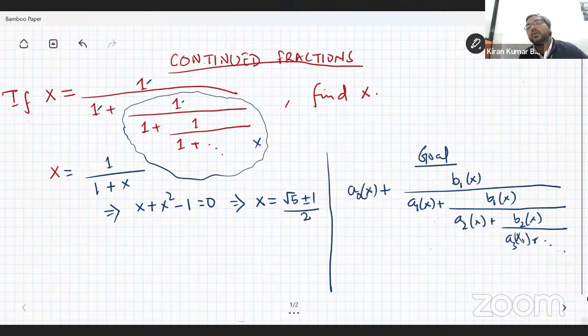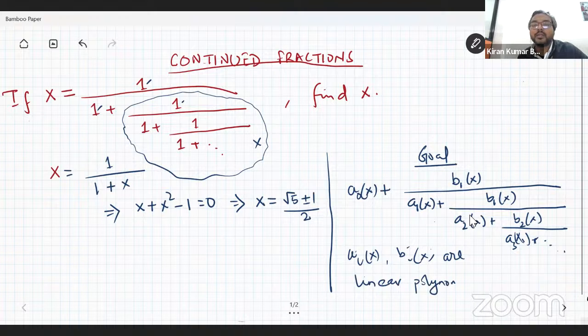So x can be a real number, a natural number. What do we understand by this fraction being continued? That is why we call it continued fractions. For all practical reasons, a_i(x) and b_i(x) are polynomials of degree 1. In most of the practical examples that arise, a_i(x) and b_i(x) are linear polynomials.